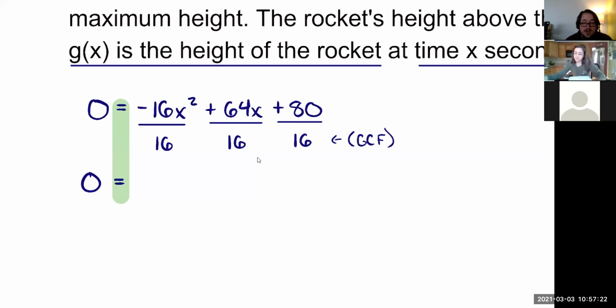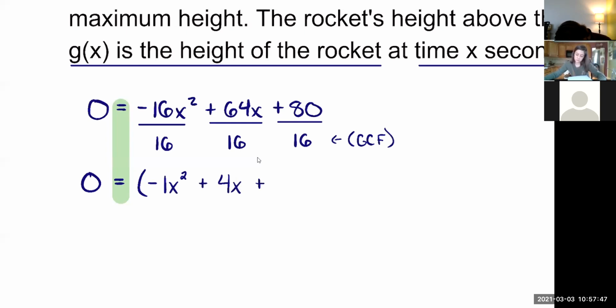I'm actually going to stretch your mental abilities here. I'm going to put the greatest common factor at the other end after I finish my division. So negative 16x squared divided by 16 is going to give me a negative 1x squared. 64x divided by 16 is going to give me 4x.